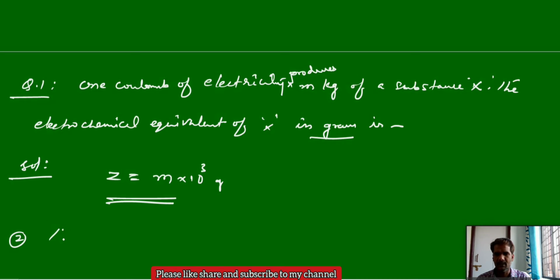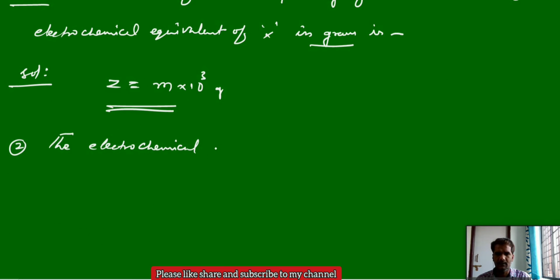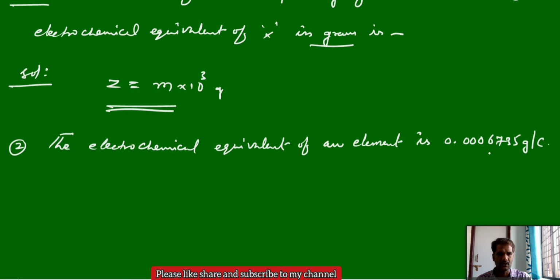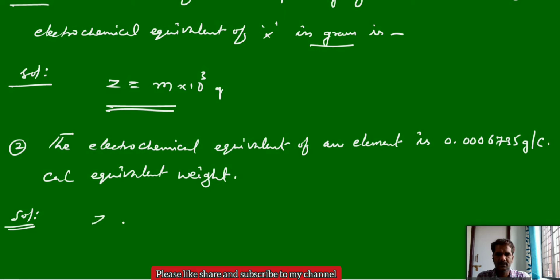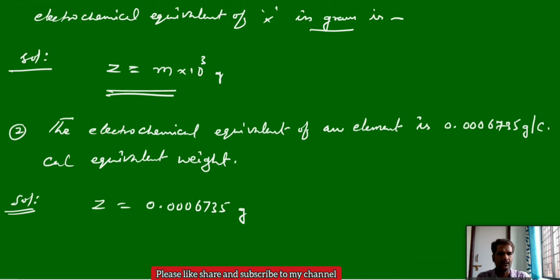The electrochemical equivalent of an element is 0.0006735 grams per coulomb. Calculate the equivalent weight. So simple, here the Z value is given, 0.0006735 grams, and they are asking the E value.